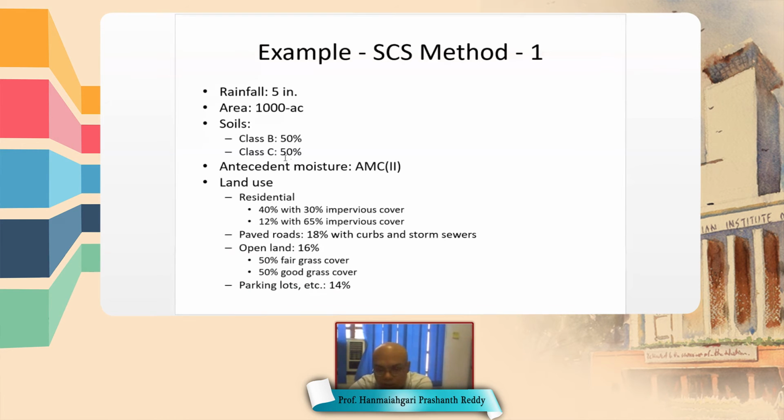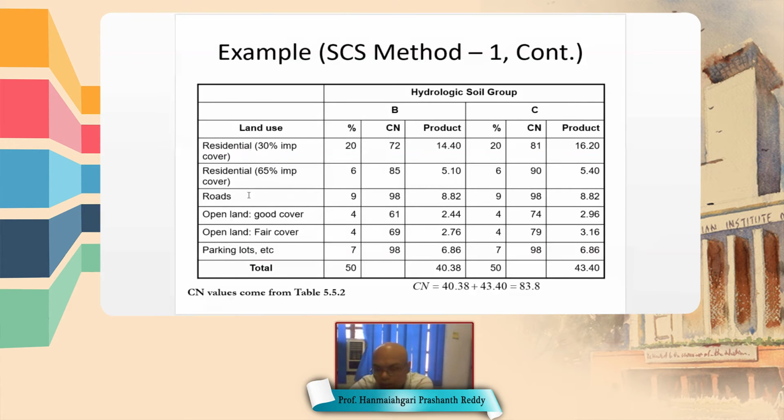In this question, land use is given here: 40% with 30% impervious cover, 12% with 65% cover. It's the same example as earlier. So the table is formulated here, and from this we get curve number equal to 83.8.